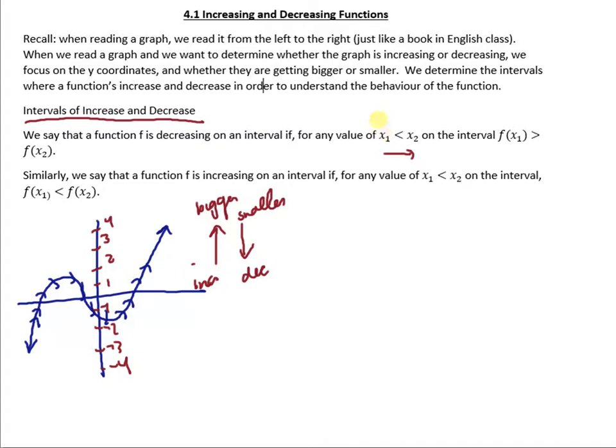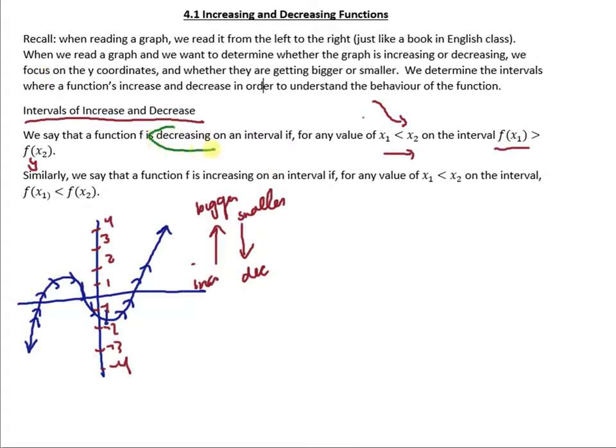If we look at x1, which is to the left, and then it moves towards x2 on the interval, f at x1 is greater than f at x2. So the y value of the first value is greater than y of the second value, which just means it's going down.